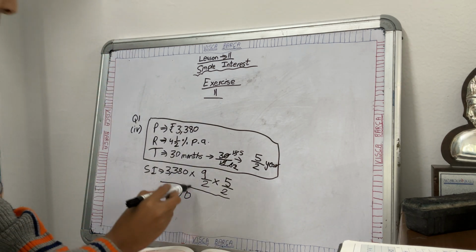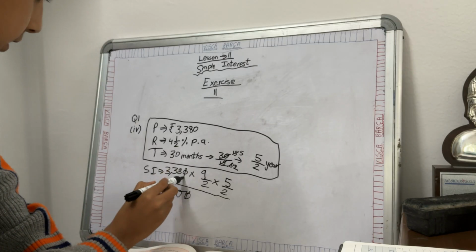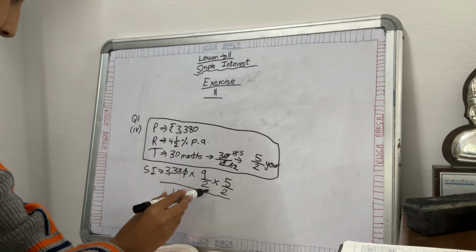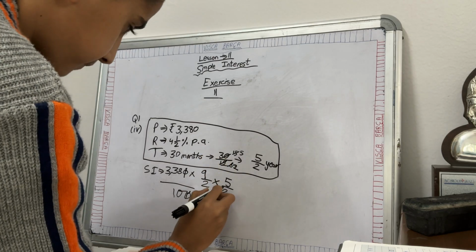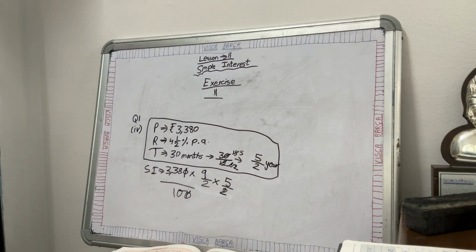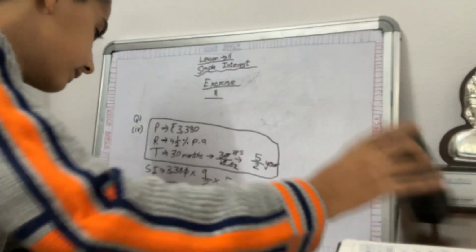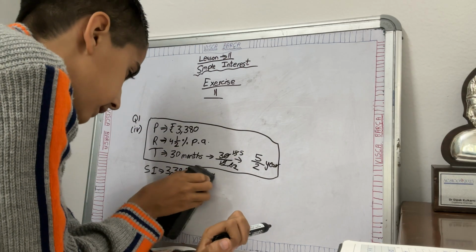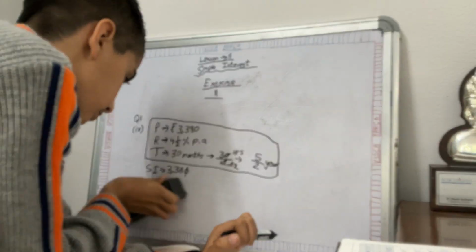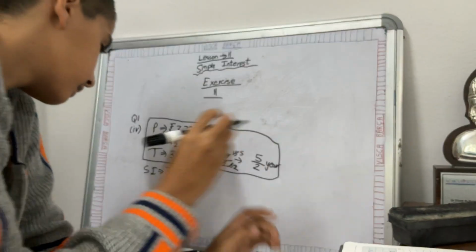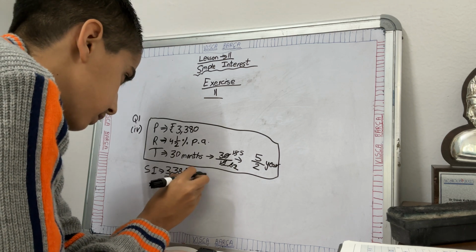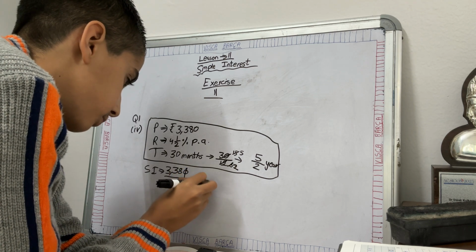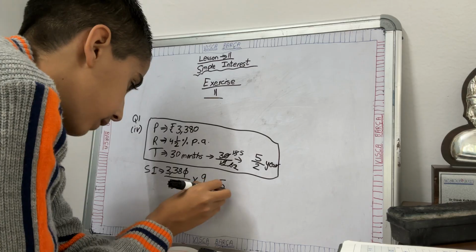Now 0 cuts 0. I'll rearrange it so it's easy for me. 100 into 9 by 2 into 5 by 2.